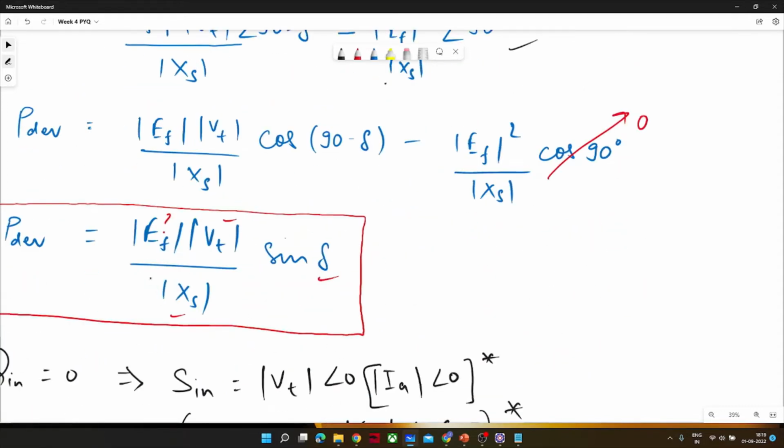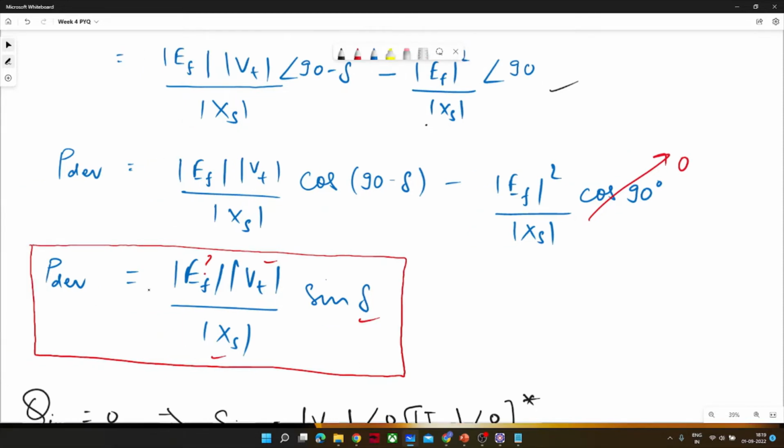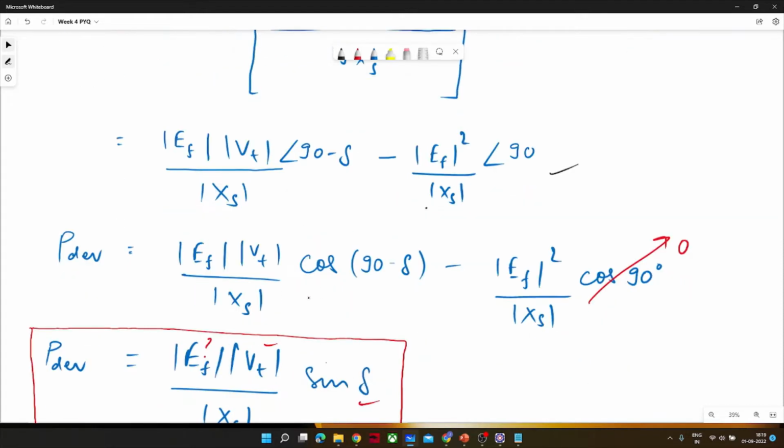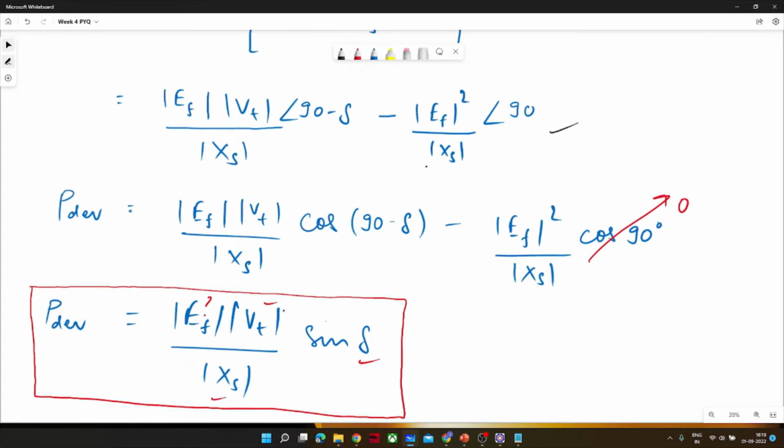So this is the famous formula of power developed, that is Ef Vt by Xs sine delta. So it can be derived. If you want to remember it, I would never recommend remembering anything, but if you want to, you can remember that. It is a very famous formula, and most numericals of power developed or power output are based on this equation.